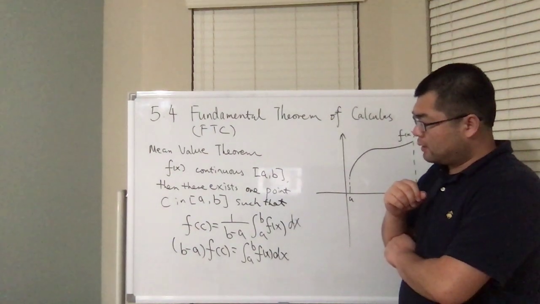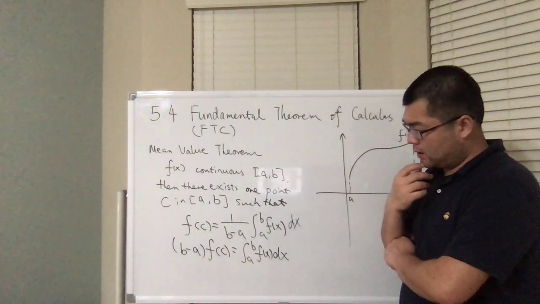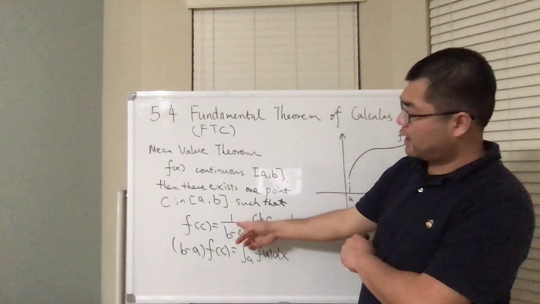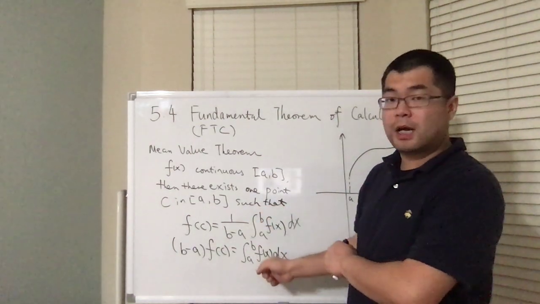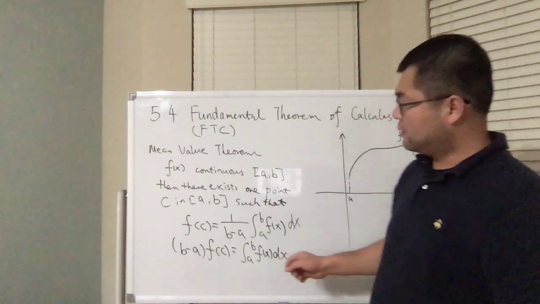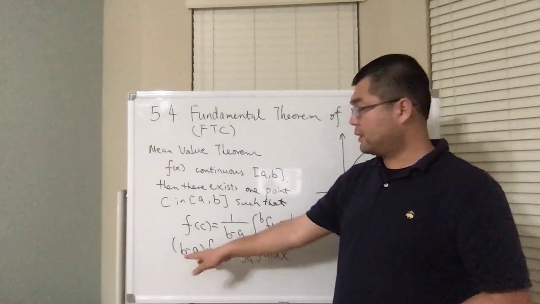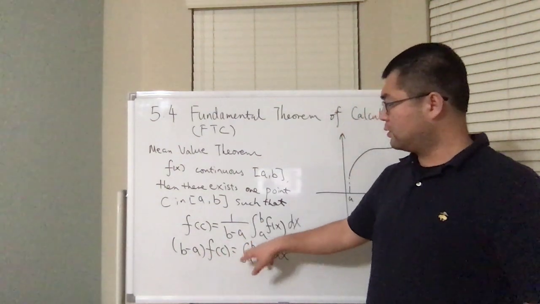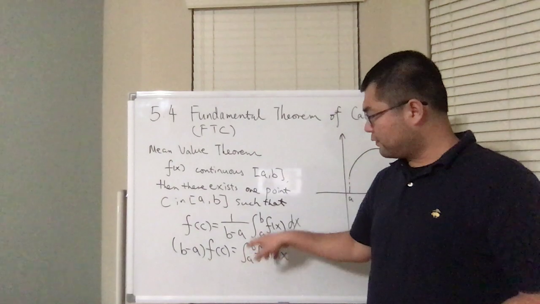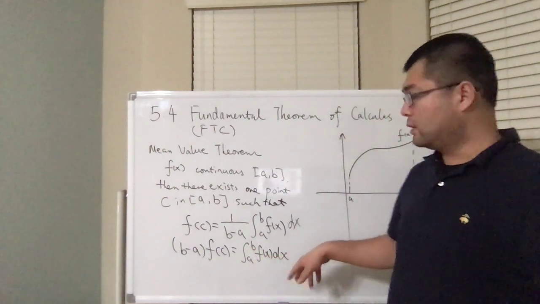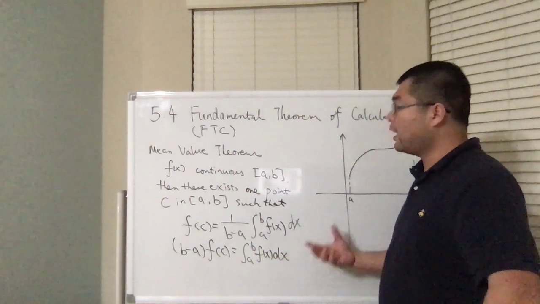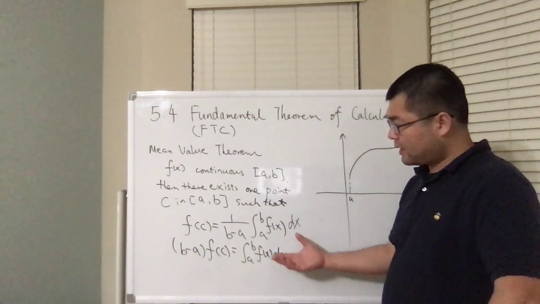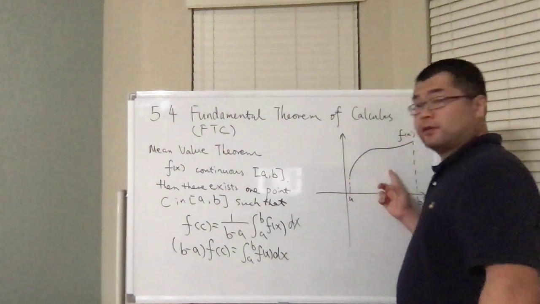And let's interpret this in a graph. Think about it this way, guys. If I multiply b minus a on both sides, on the left side it becomes b minus a, parentheses, multiplied by f of c, equals the integral from a to b of f of x dx. Now we already know the meaning of the right hand side if we assume f of x is positive on the interval from a to b, like this graph.